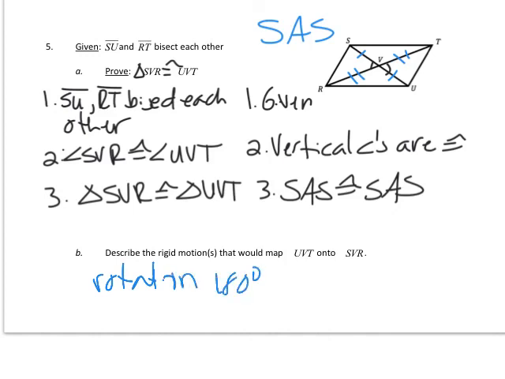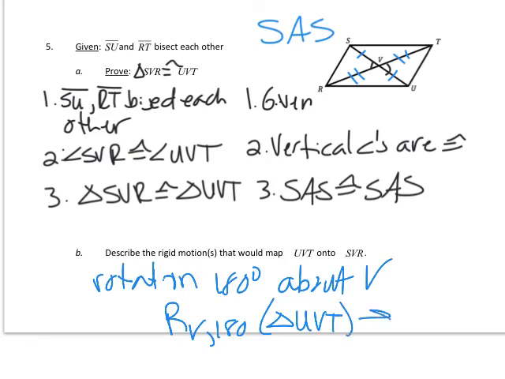That would be a capital R with a little V, comma, 180. That would map triangle UVT to triangle SVR. So we will do more of these examples in class. The best way to learn proofs is to muscle through it and try them, and lots of practice.